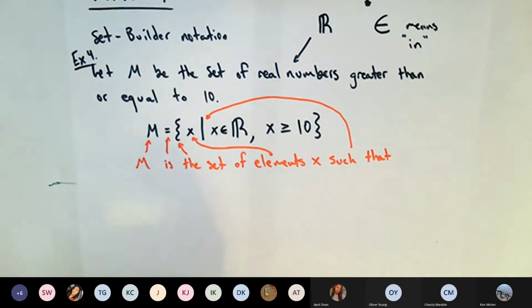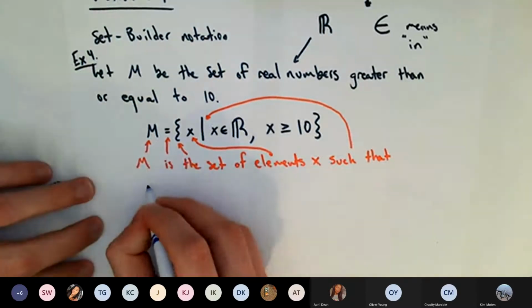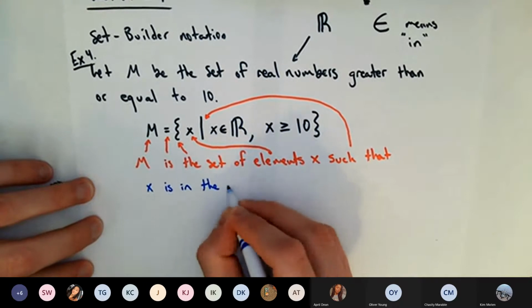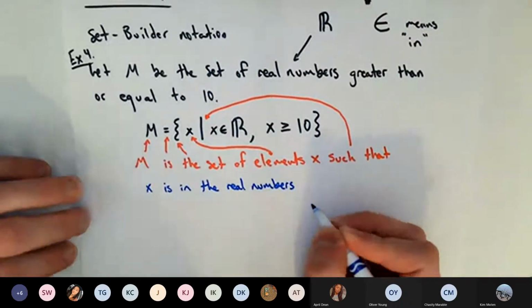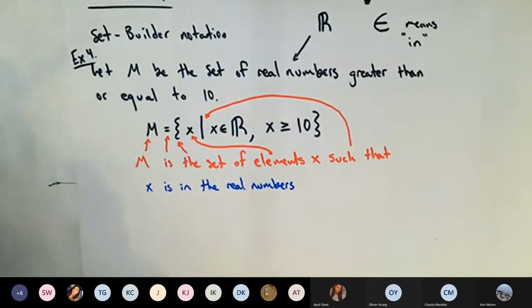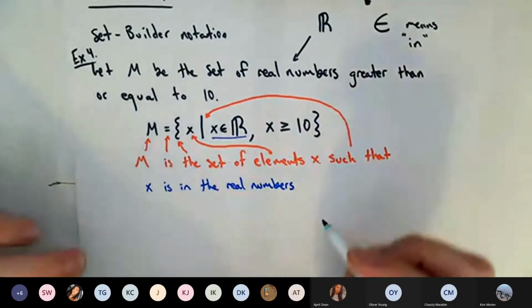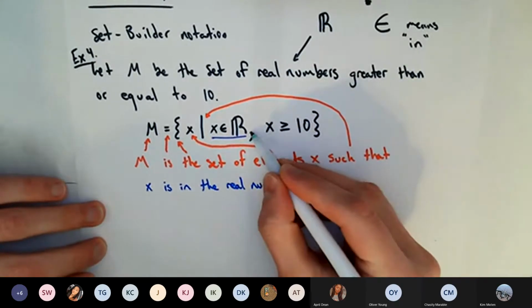I know what I'll do. Such that X is in the real numbers. X is in the real numbers, so that's this part. And is going to be that comma.